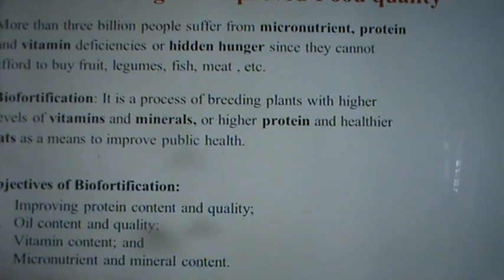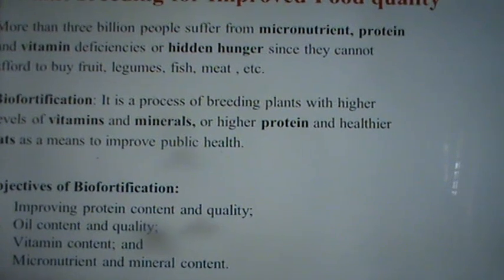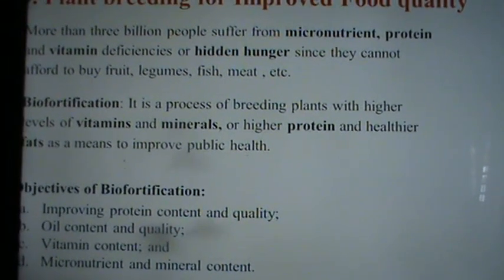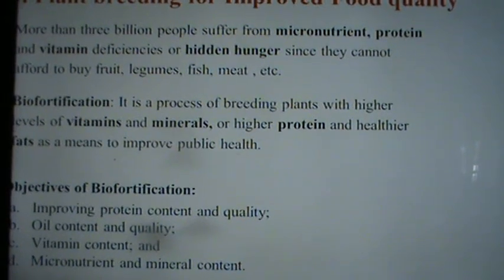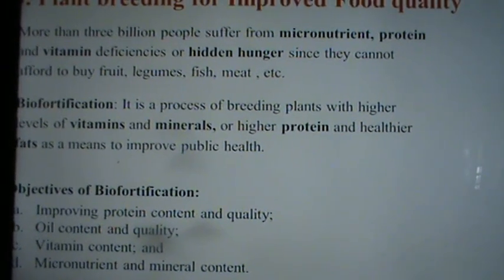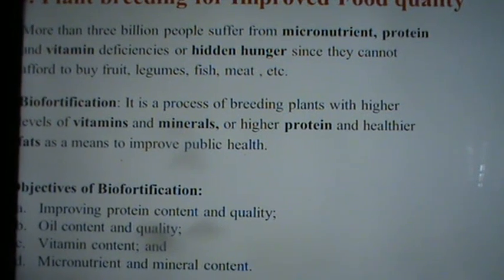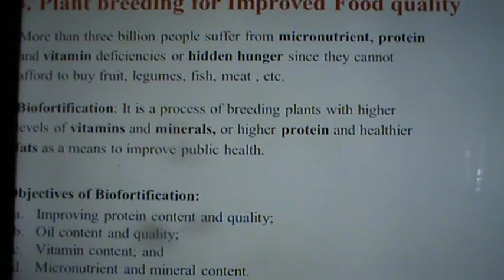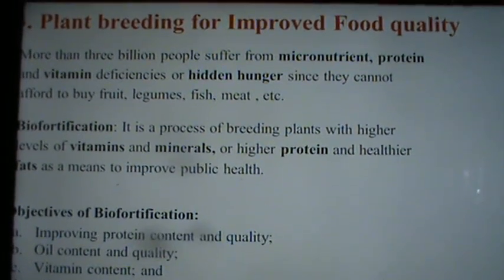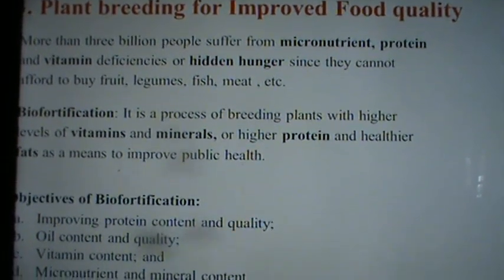Since they cannot afford to buy fruits, legumes, fish, meat, etc., it leads to deficiency of proteins, certain vitamins and minerals in their food. That leads to many deficiency diseases like night blindness, scurvy or beriberi. Also, if iron is low, it leads to anemia.